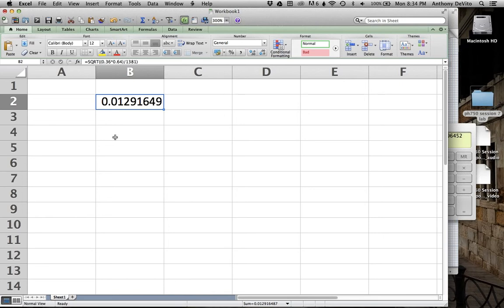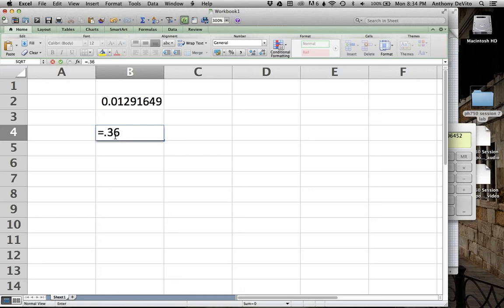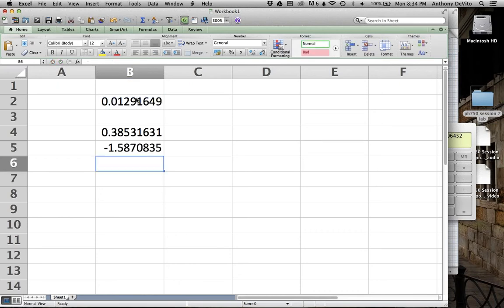Okay, so my P cap is going to be equal to 0.36 plus 1.96 times my standard error, and it's going to be equal to 0.36 minus 1.96 times my standard error.